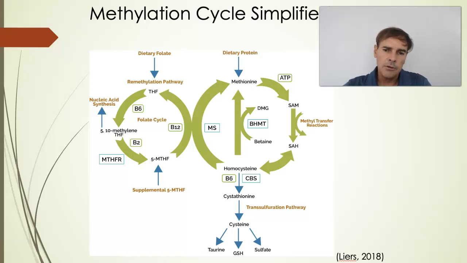So methionine then interacts with ATP, which is adenosine triphosphate. That's basically the energy currency of the body. If you look at this in terms of the overall synergistic value of this whole system, ATP is dependent on so many processes before it even becomes ATP. For example, ATP is molecularly bound to magnesium.